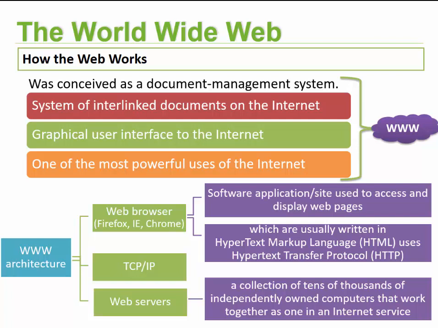So in this case, a web server will be dedicated to deliver web content to thousands of users. So web servers on the internet is actually a collection of tens of thousands of independently owned computers. They work together to provide the web content. So typically each and every company will have a web server and their websites will be hosted on that platform.